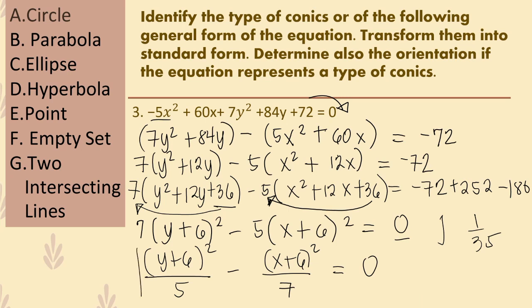So, kapag ganito, at nag-0 siya, kung naalala nyo yung formula na y minus k squared over a squared minus x minus h squared over b squared is equal to 1. So, ito diba ay formula or standard form ng hyperbola. Dahil negative yan, so ito ay hyperbola.